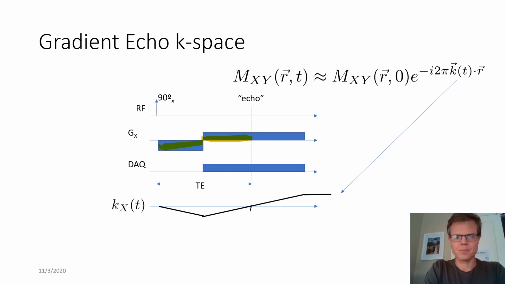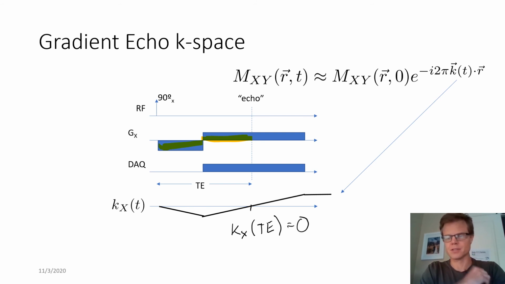And we're generally going to define kx at our echo time, our gradient echo time, to be equal to 0. This is another way of saying we've unwound the effects of the frequency encoding gradient, and that's where we get this gradient echo where our net magnetizations are in phase.